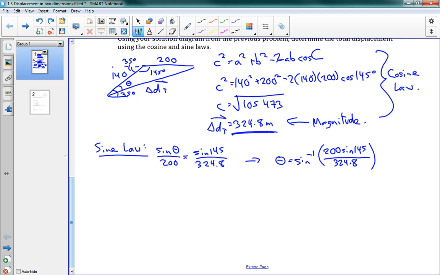Okay, so now you can just plug that into your calculators and we get theta. Theta is equal to 20.7 degrees.